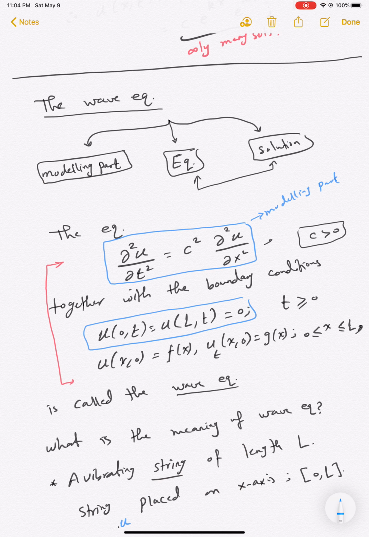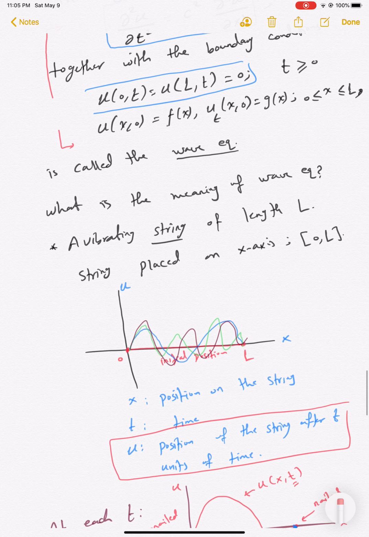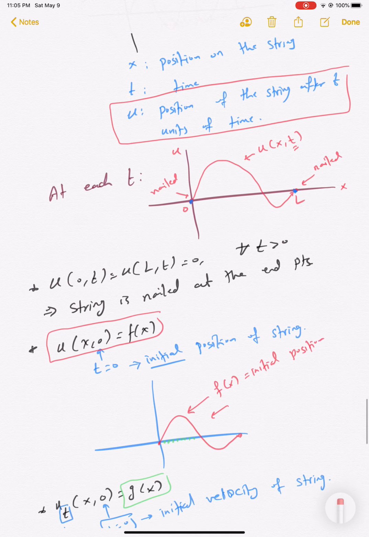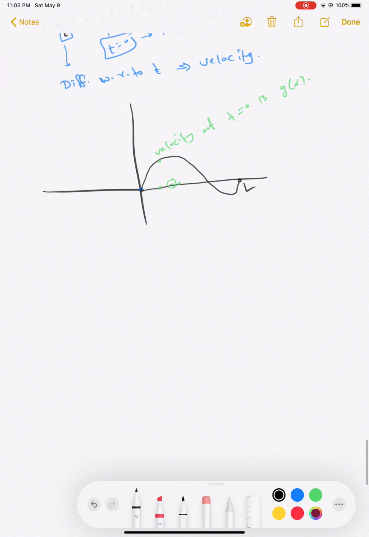But if we do the modeling for this vibrating string, we will find this equation. Now, what is the meaning of the given conditions? We explained them. The first two conditions mean the string is nailed at the end points. The other two conditions give you the initial position and the initial velocity of the string. Now, what is it that we want?